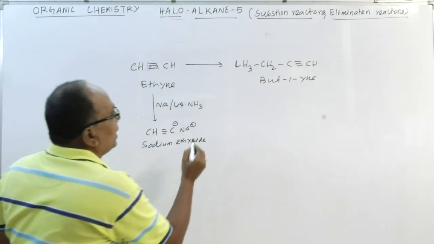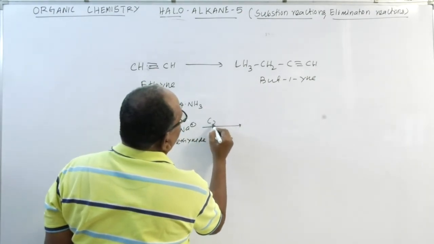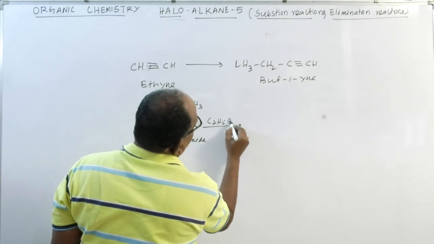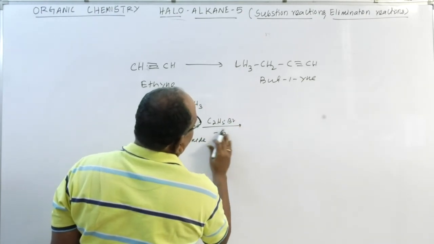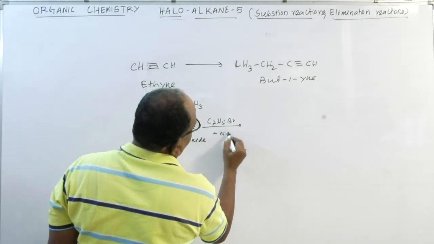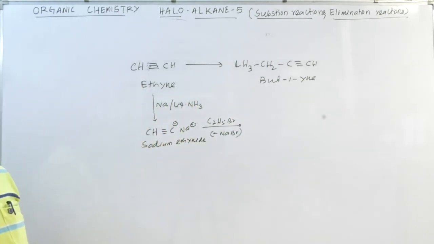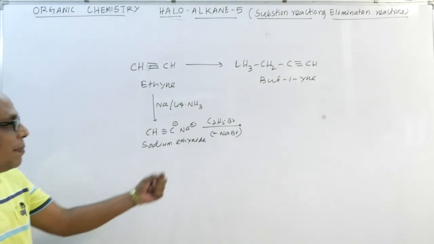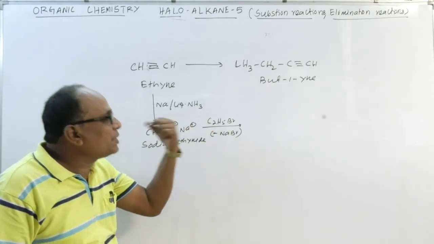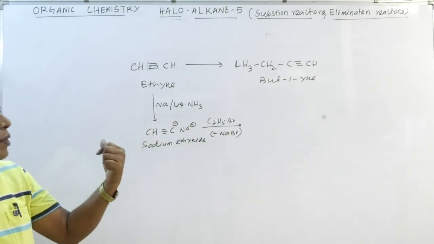This sodium ethynide reacts with ethyl bromide by losing molecular NaBr. What will happen? This sodium can be substituted by the ethyl group.